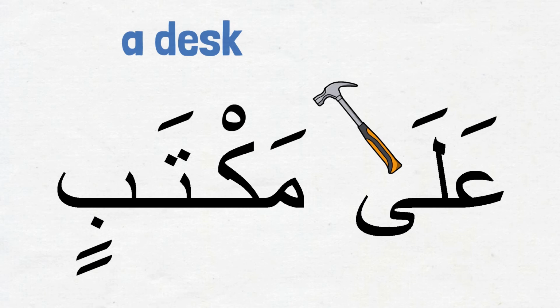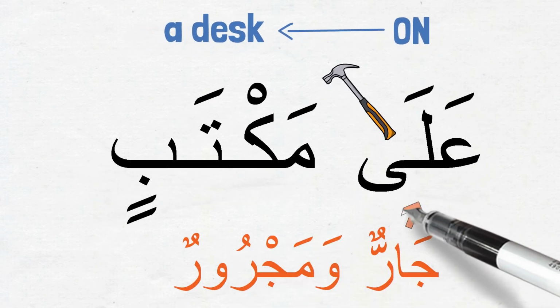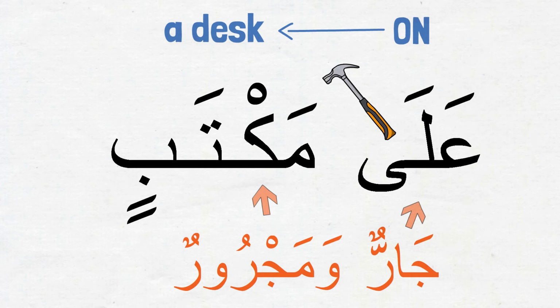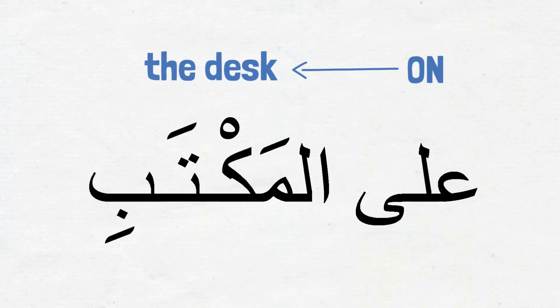So we got ala maktabin, on a desk. Ala here is harf jar, and maktabin is ism majrur. So we've got another jar wa majrur here. Now let's say on the desk using the ma'rifah form of maktabun. What will change? Instead of maktabin, we should use al-maktabi. So our new phrase will be ala al-maktabi.